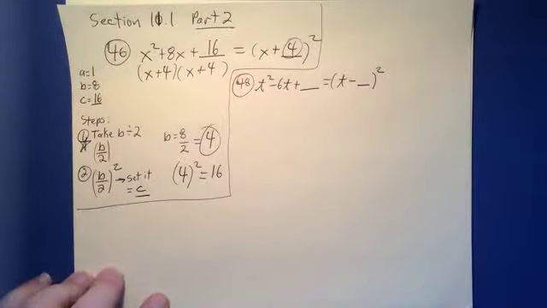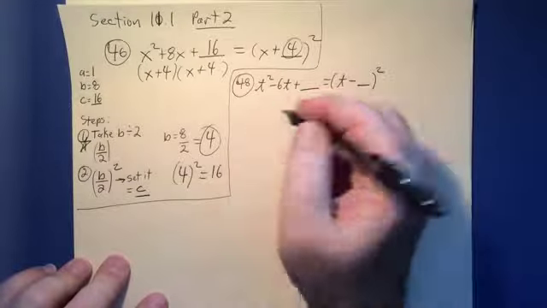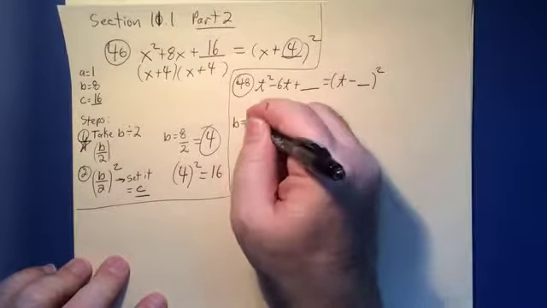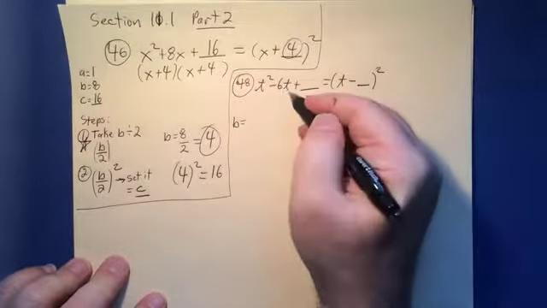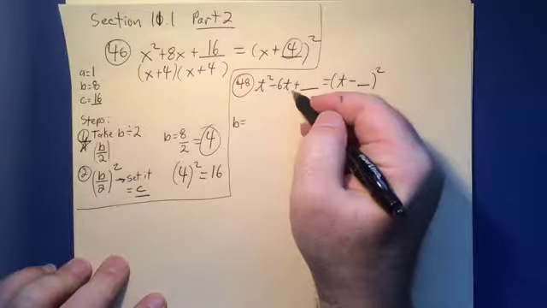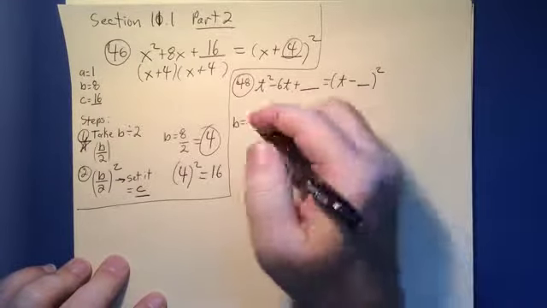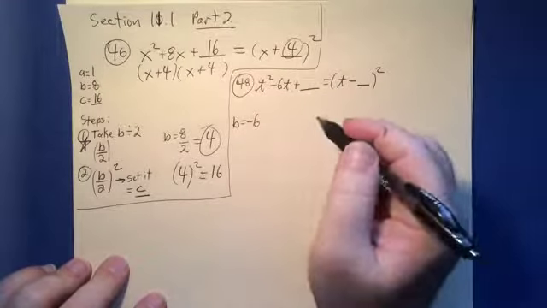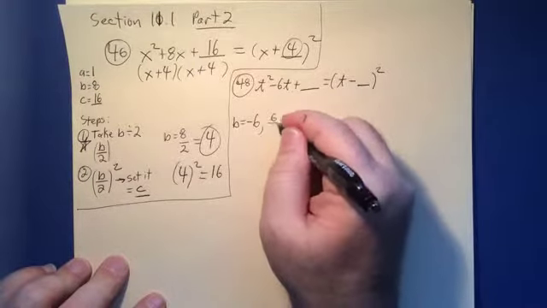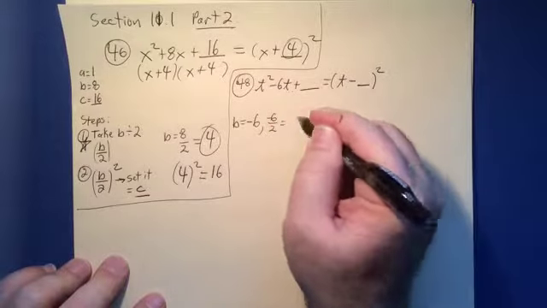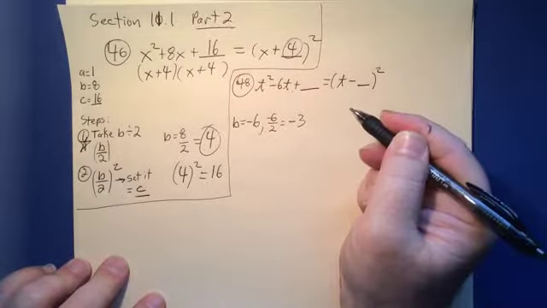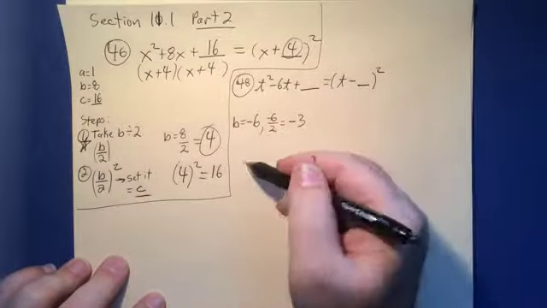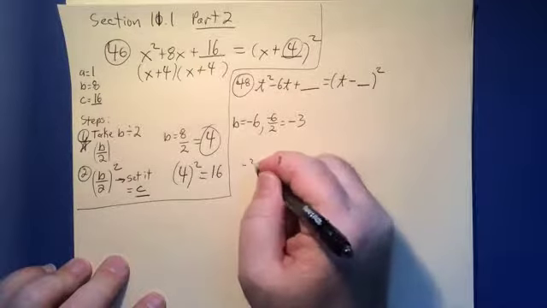To identify what this is going to be, I know b is the number that's next to not the square term, but just the variable with no exponent. So b is going to equal negative 6. I'm going to take negative 6 and divide that by 2. That'll give me negative 3. That's the first step.